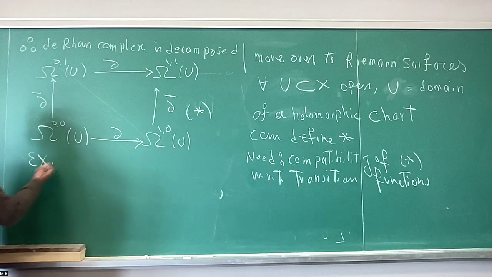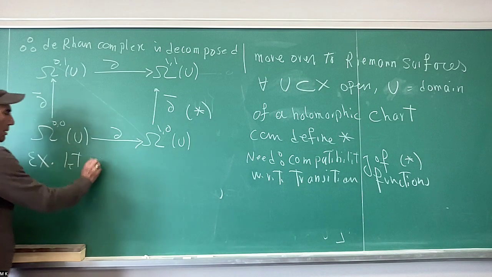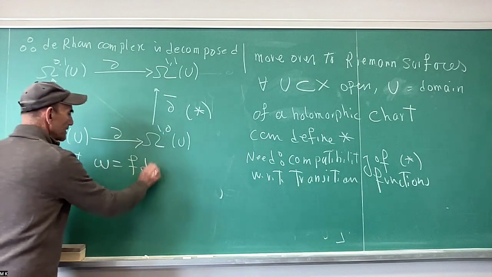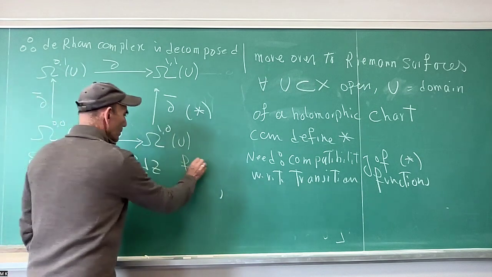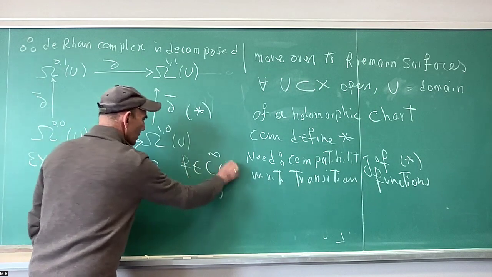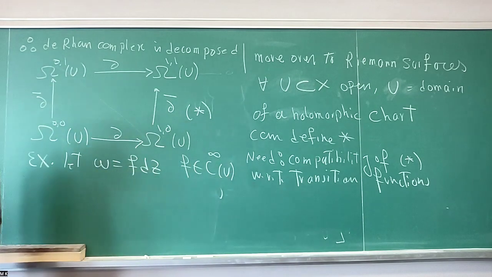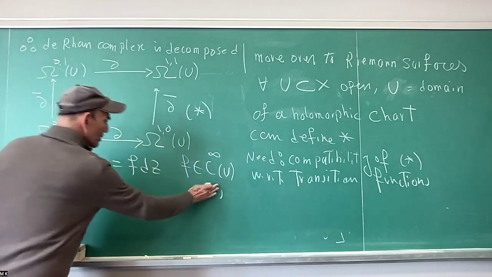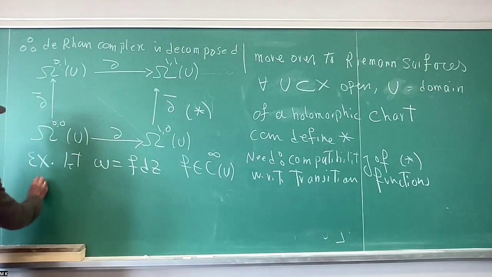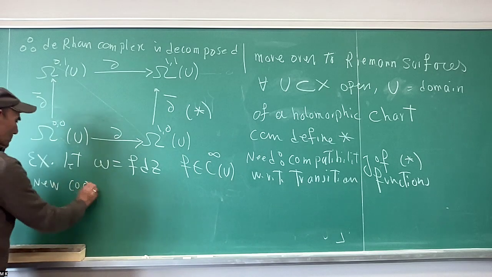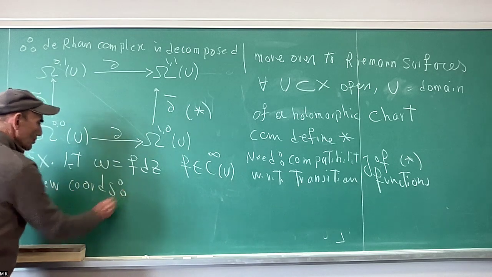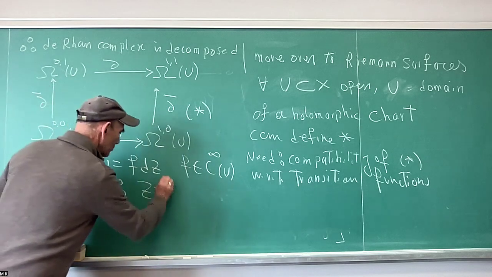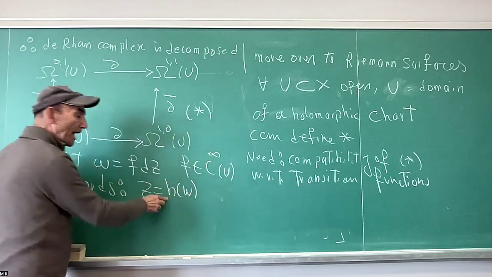So imagine you have a one-form omega equal to f dz, where f is smooth. Let's change coordinates, but holomorphically, and then we'll see that the form of this is going to be preserved. So the new coordinate is z equal to h of w, where h is holomorphic.